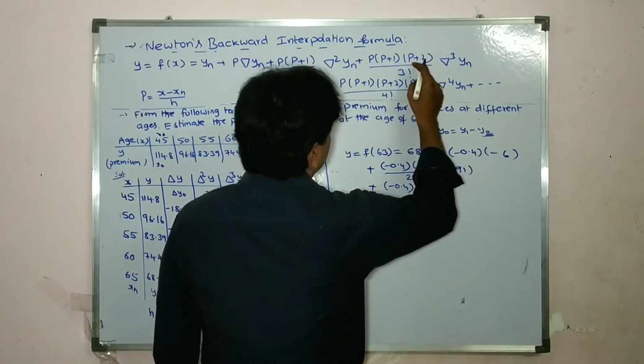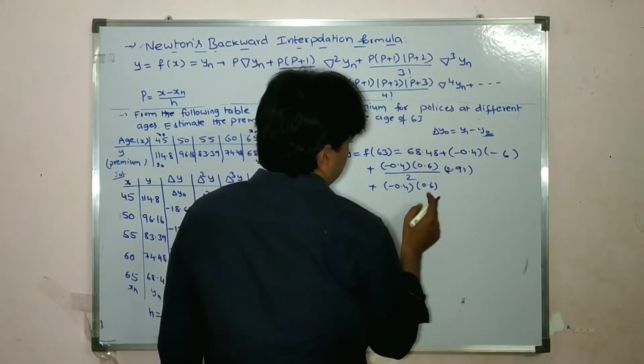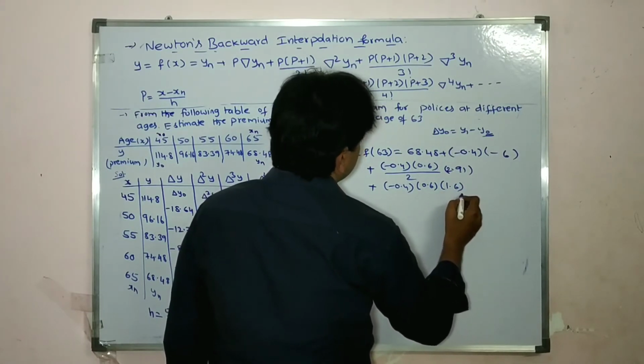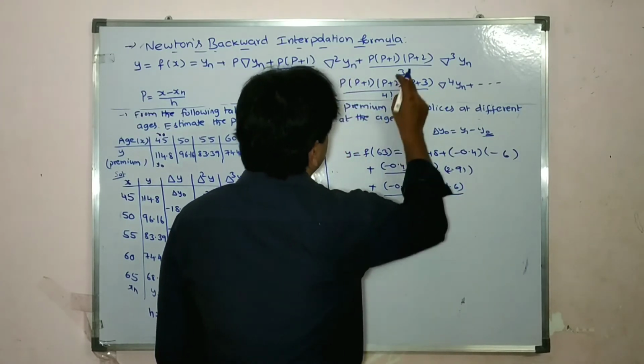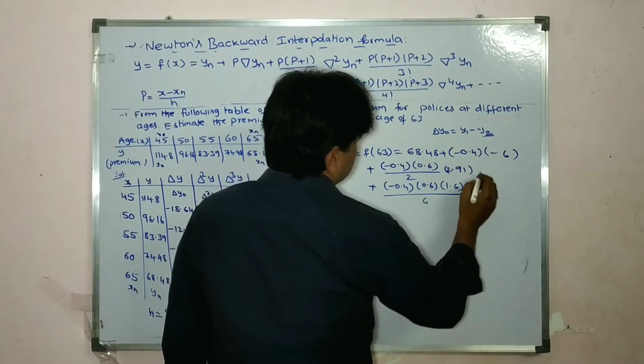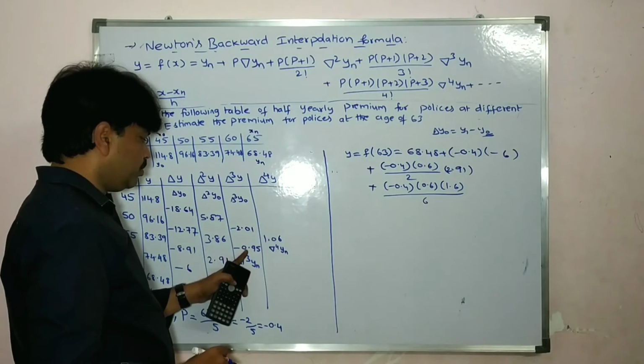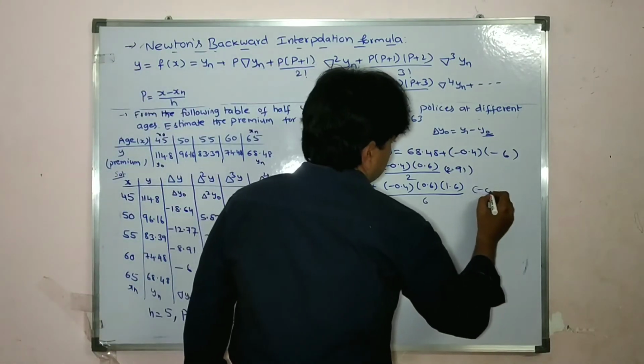Plus minus 0.4 into 0.6, up to here common, students. The extra term is p plus 2, minus 0.4 plus 2, which gives 1.6, divided by 3 factorial, which is 6, into del cube y, which is minus 0.95.